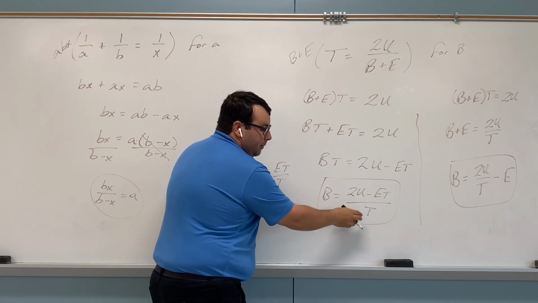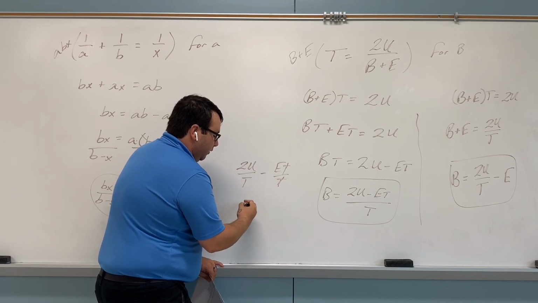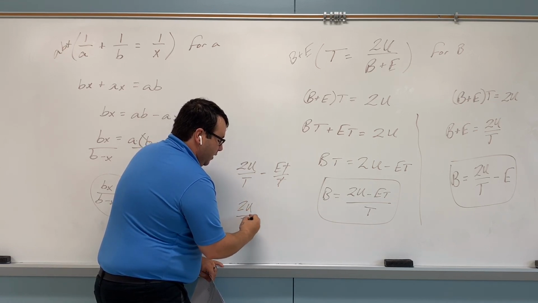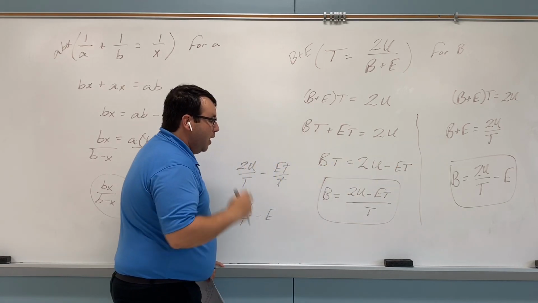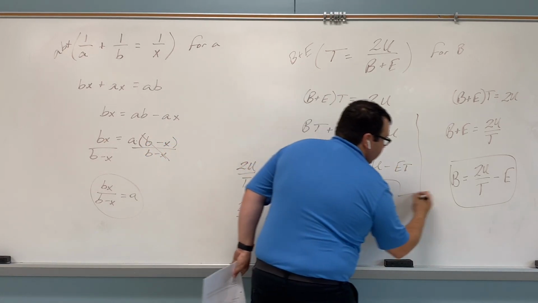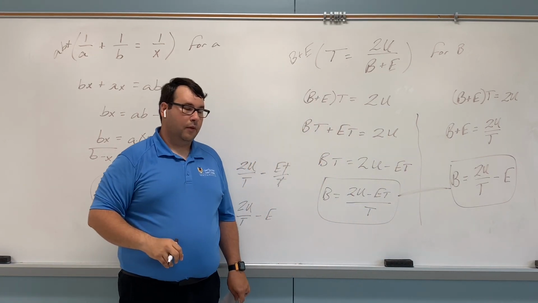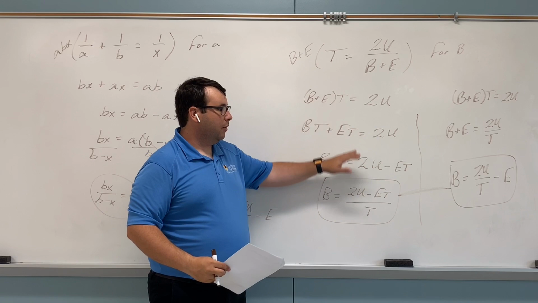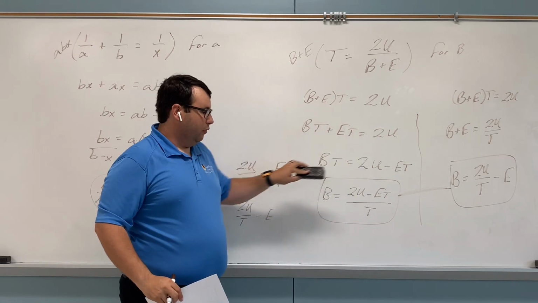It's a polynomial divided by a monomial. The t would cancel there, and what are you left with? 2u over t minus e. It's the same exact thing. Now, either solution here is perfectly acceptable. So no matter how you approach this problem, it is perfectly acceptable with either solution set.